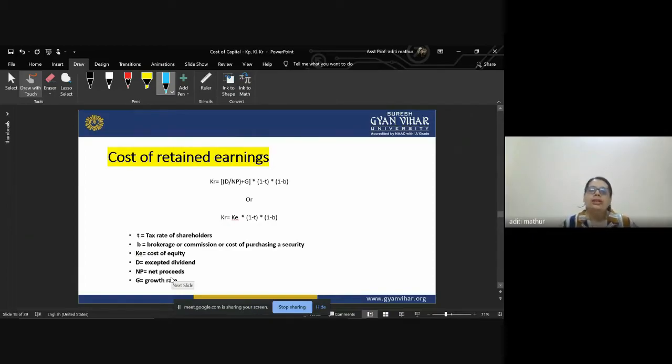The cost of retained earnings is denoted by KR.